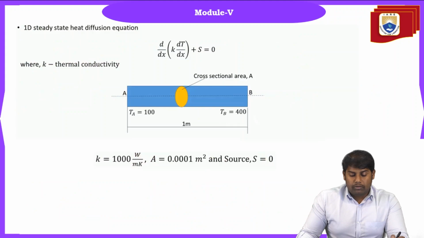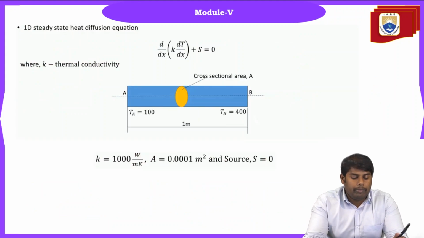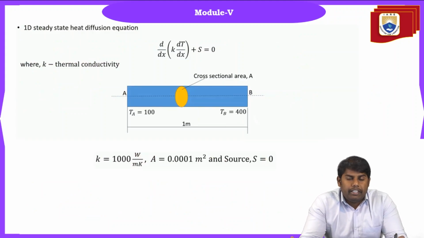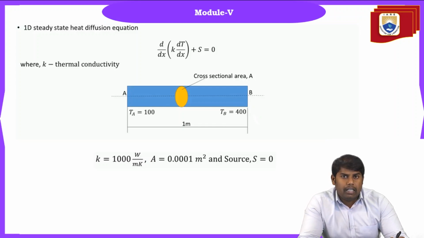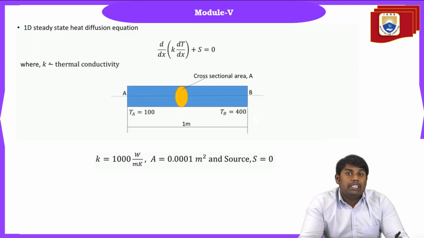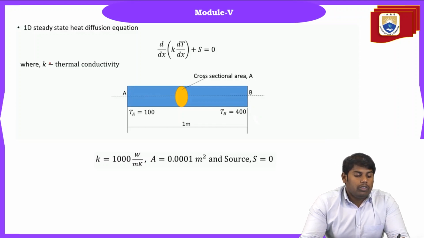Now let's see the problem. We had seen the finite volume formulation for only the diffusion term in the momentum equation. For the sake of clarity, the continuity equation has been explained previously, so that we use it in our numerical problems. Right. So what is the problem which we are seeing?